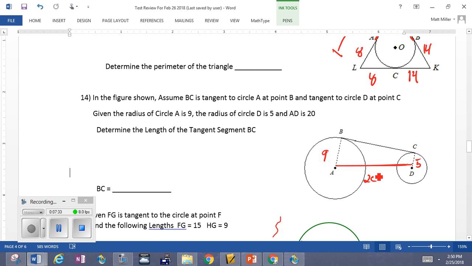And we're trying to find BC, so we'll just label that as X. Now we remember that the tangent BC to both circles forms a right angle, which means that those radii and the lines containing them are parallel, which means we can shift this segment AD upward and form ourselves a nice right triangle here.